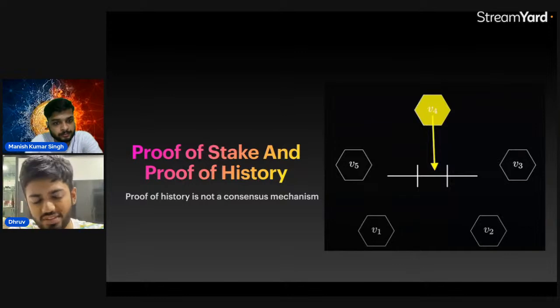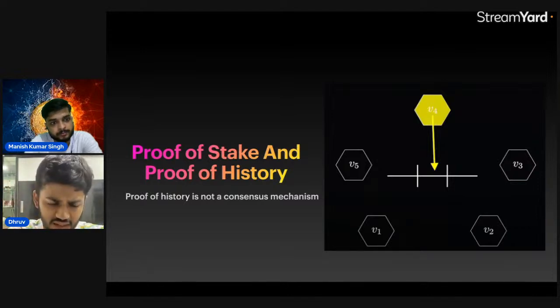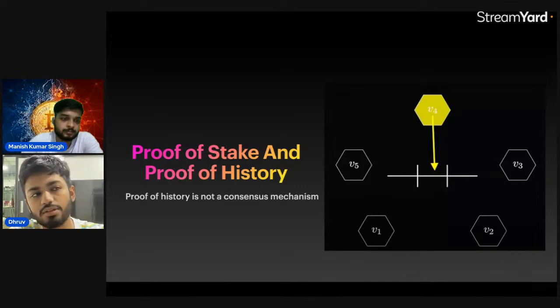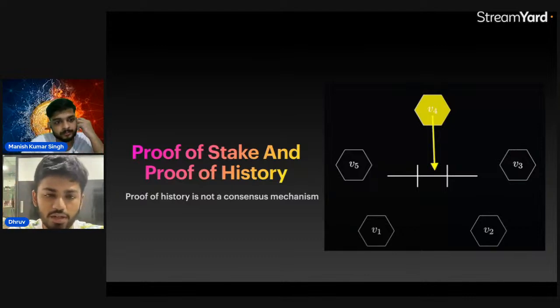Proof of history is not a consensus mechanism; it is an encryption mechanism they have introduced. Other chains like Ethereum and Bitcoin use proof of work, where all the nodes start working, and the node which completes first gets verified by other nodes.